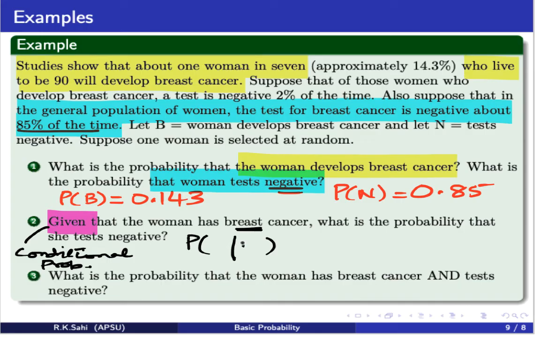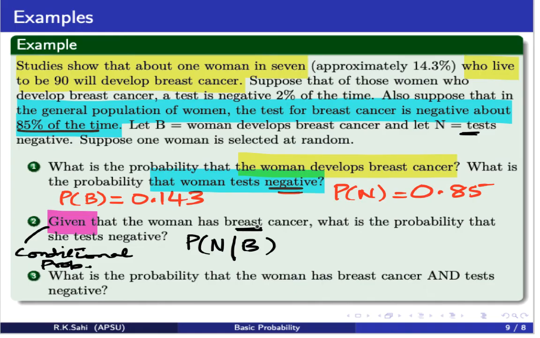So this one, given, is coming here. Now it says, what is the probability that the test of the woman, she is negative here? That means once the woman actually has breast cancer, and then when you go and do the test on it, it comes to be negative. That's where we're looking at the N. That's what we are asking.